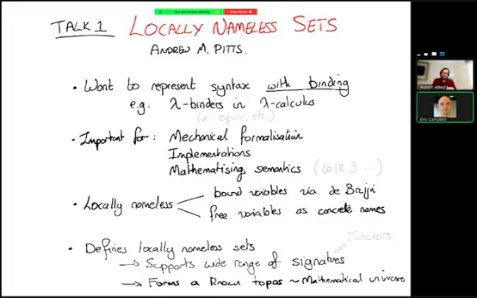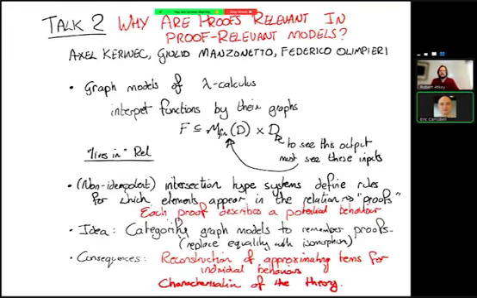So this is a mathematical universe that we can then talk about locally nameless things just as if they were normal sets. And the intriguing thing I think in this paper is it points towards a possible design of maybe a proof assistant where binding is built in instead of you having to redo it every time you want to do something.